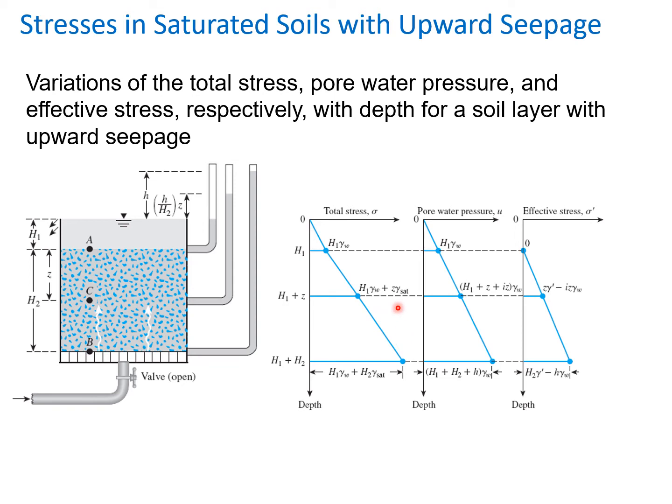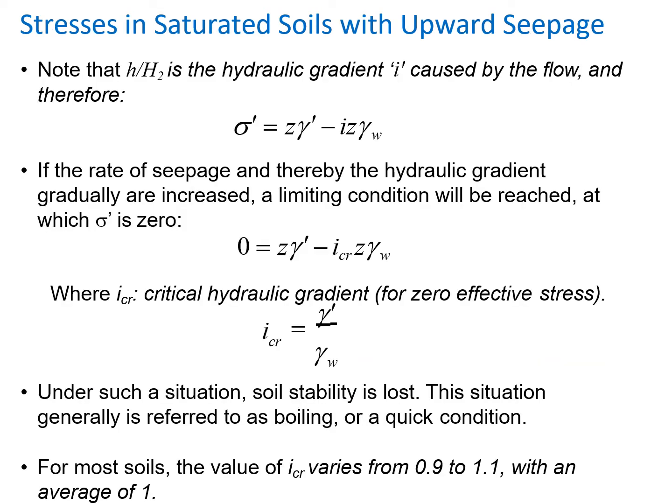This is the total stress distribution, pore water pressure, and this is the effective stress distribution. Note that h over capital H2 is the hydraulic gradient, small i, caused by the flow, and therefore sigma dash is equal to Z times gamma dash minus i Z gamma W.